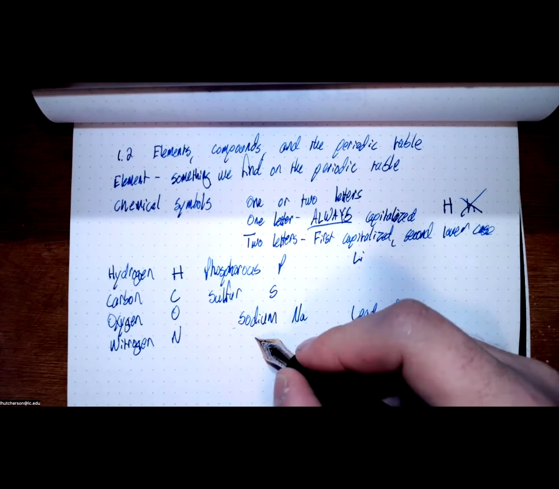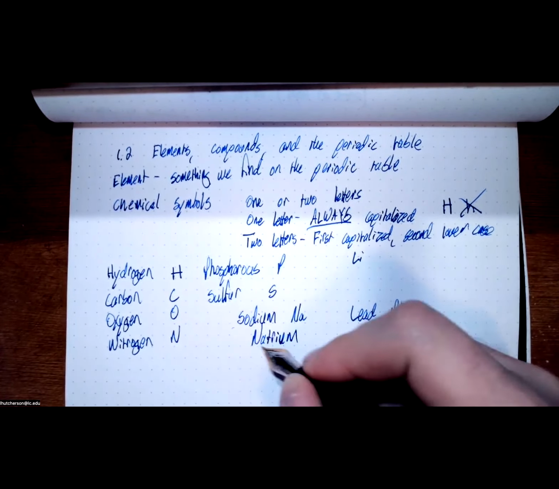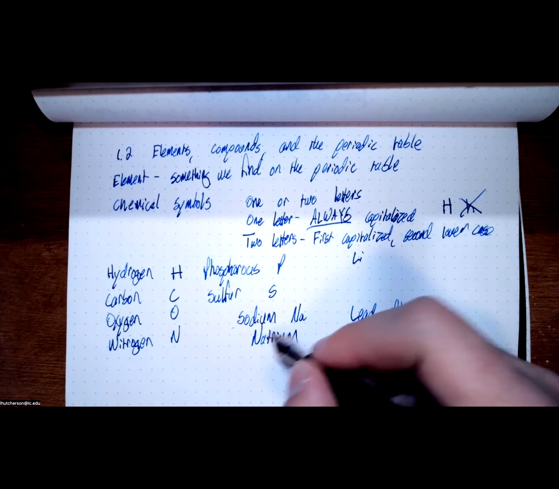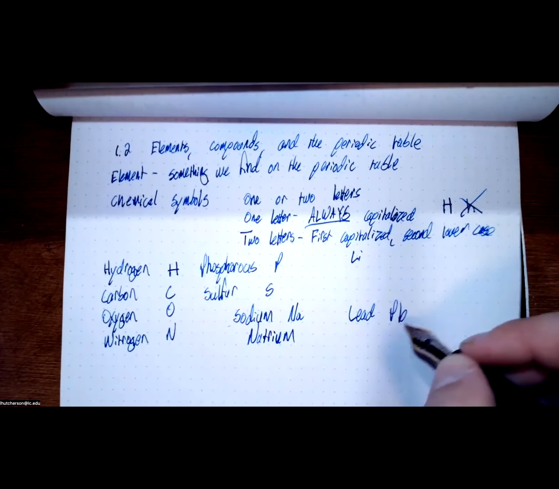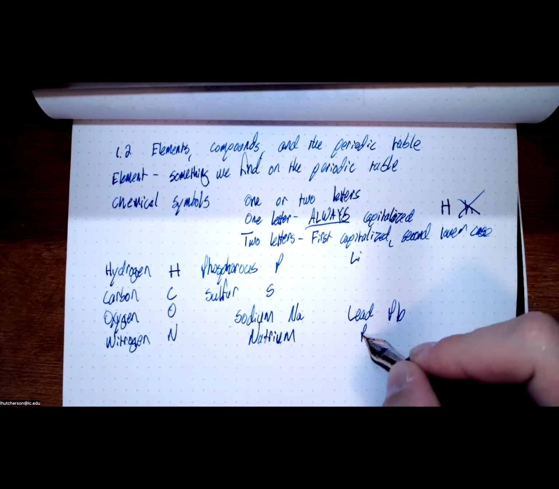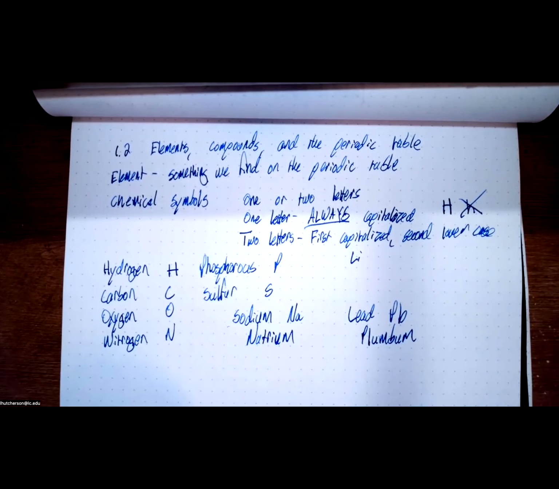So the Latin name for sodium is natrium. So that makes a lot of sense, that if this is natrium in Latin, then Na is going to be the symbol. Similarly, lead is plumbum in Latin, so Pb.